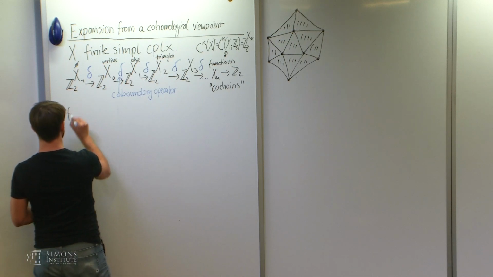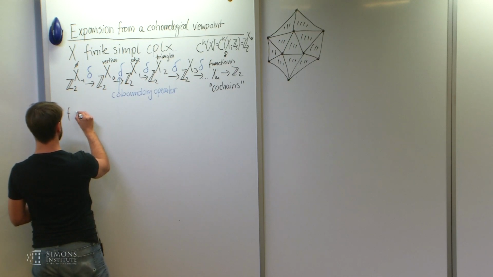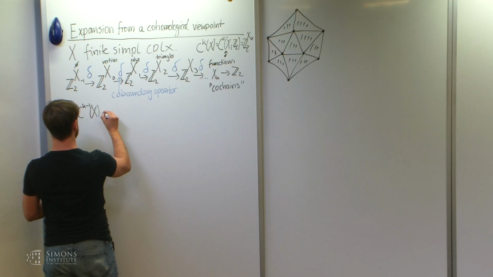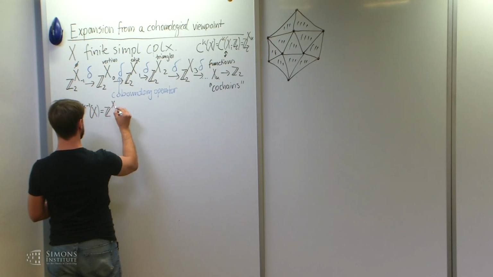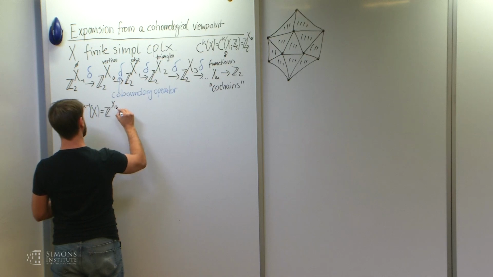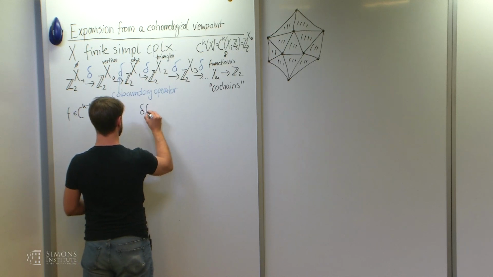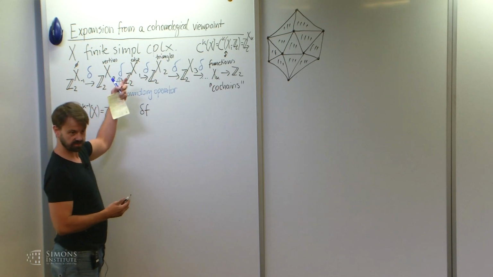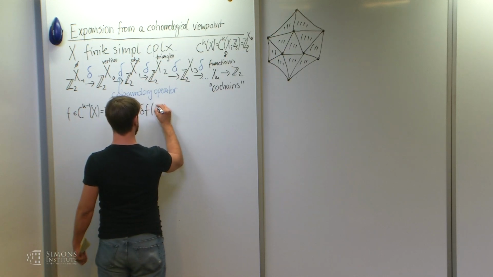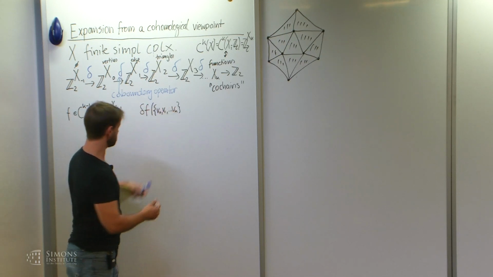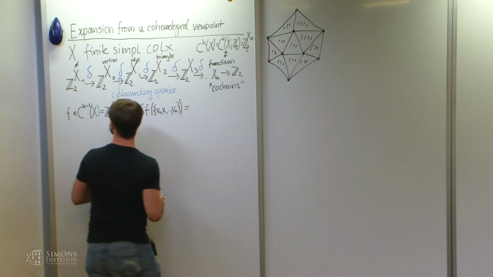So if we have a function in, let's say, a k-1 cochain, so a function from k-1 simplices to Z2, then what is its coboundary? It's a function that eats k simplices. And so a k simplex is a certain subset of k plus 1 vertices, which I will label V0, V1, up to Vk.